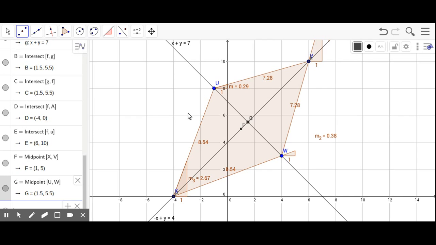So we have completed investigating the properties of the diagonals, and we have shown extended abstract thinking. Awesome.